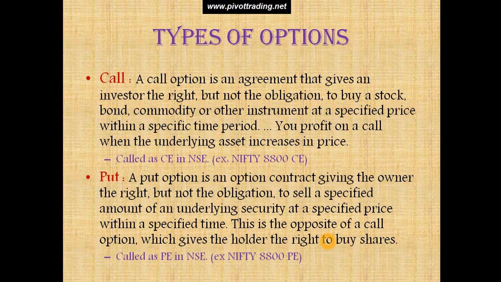So we enter into a contract. We enter into an option called put, because now you are bearish. You are saying that the price of Reliance is going to go down. So you will buy puts, on the assumption that after 10 days the price of Reliance is going to go down.